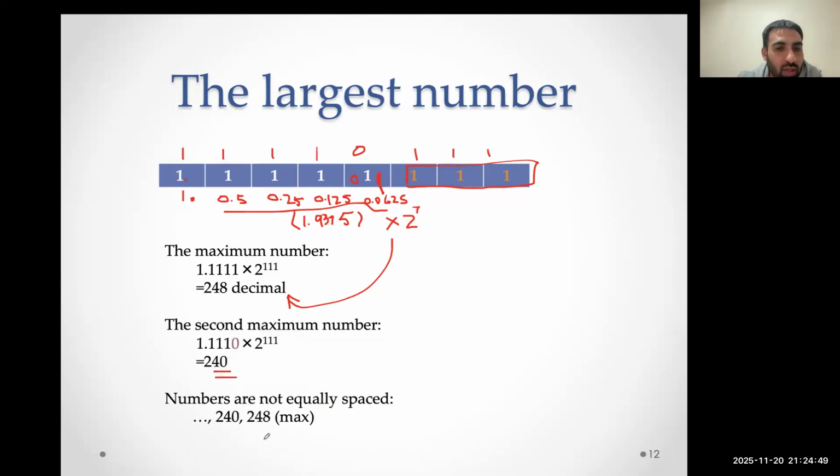The issue is that when we use this representation, we are using only 8 bits. There is a huge difference between 240 and 248. The statement that numbers are not equally spaced will become clear in the next slide.